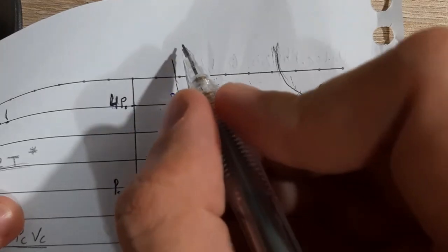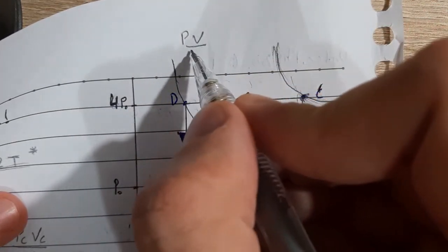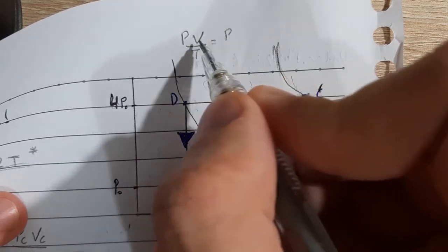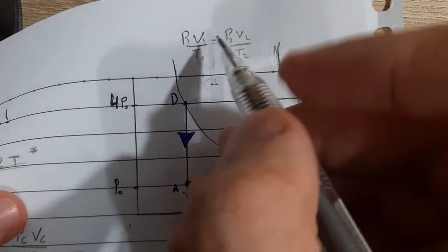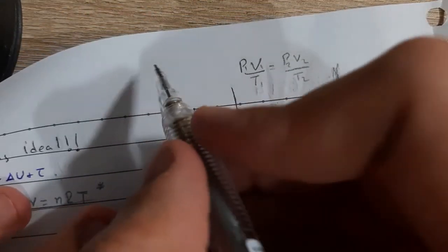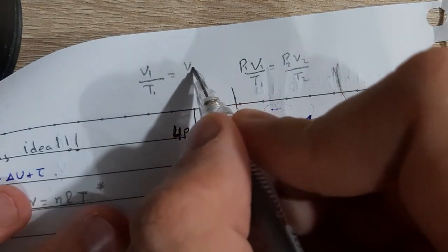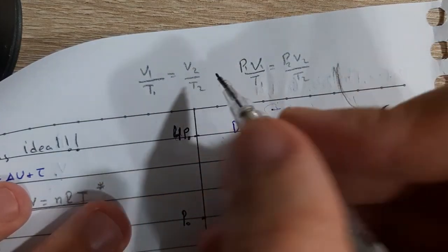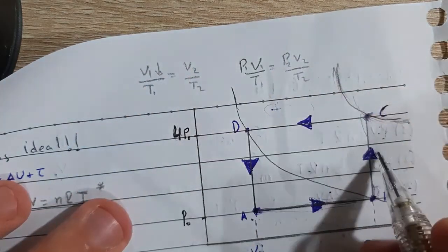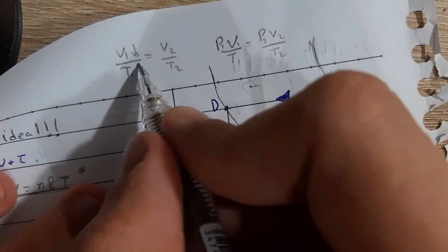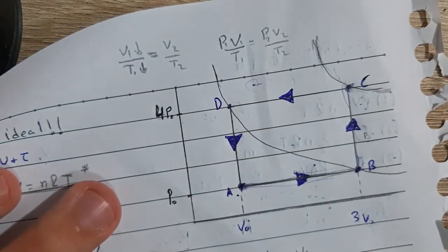Look, so PV1 divided by T1 must be PV2 divided by T2. If the pressure is constant, so V1 divided by T1 must be V2 divided by T2. If the volume decreased, volume 2 was bigger than volume 1, then that temperature must decrease so that we can maintain this equality, okay?